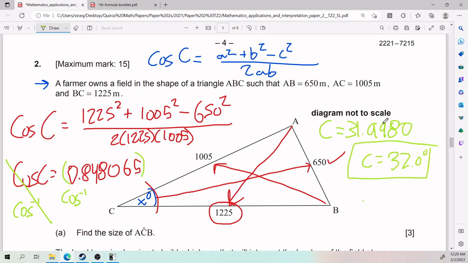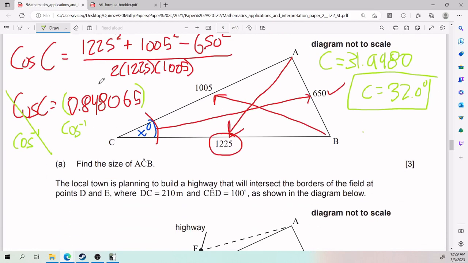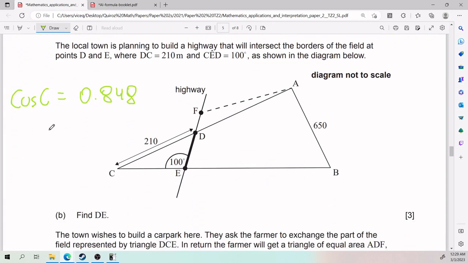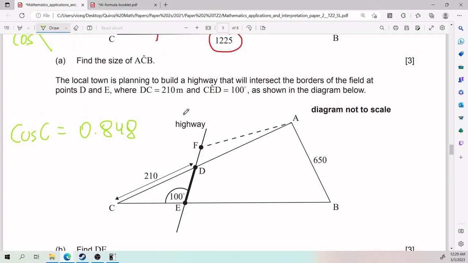Now I'm going to take a moment and explain why we did cosine inverse, because I know a lot of people are confused by that. So in this step, we had cosine C equals 0.848, right? And so since we want to get this guy alone, we need to do the inverse, see? So this is no different than, say you have 2x equals 4, see? And so if you want to get x alone here, you need to see what is affecting x. So x is being affected by 2.